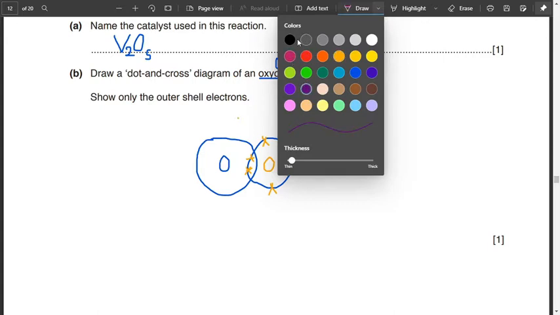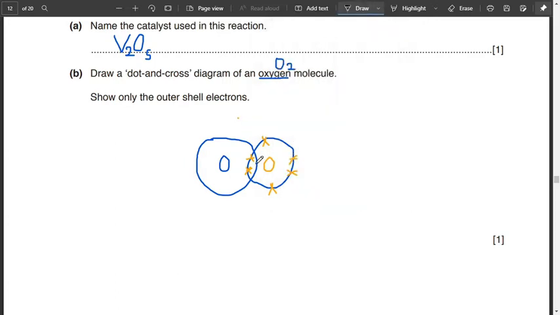Let's take black color. Now we are going to show, because they have a double covalent bond, the second oxygen: 1, 2, 3, 4, 5 and 6. Always remember that this is how you draw it.